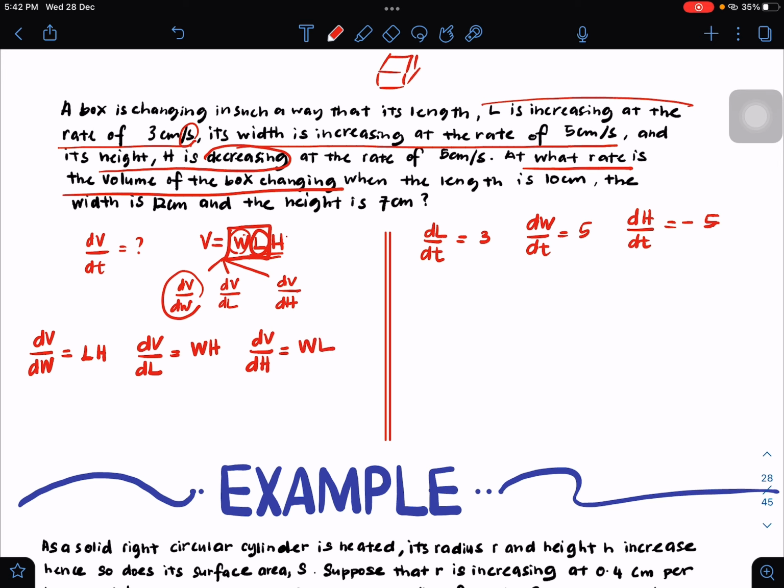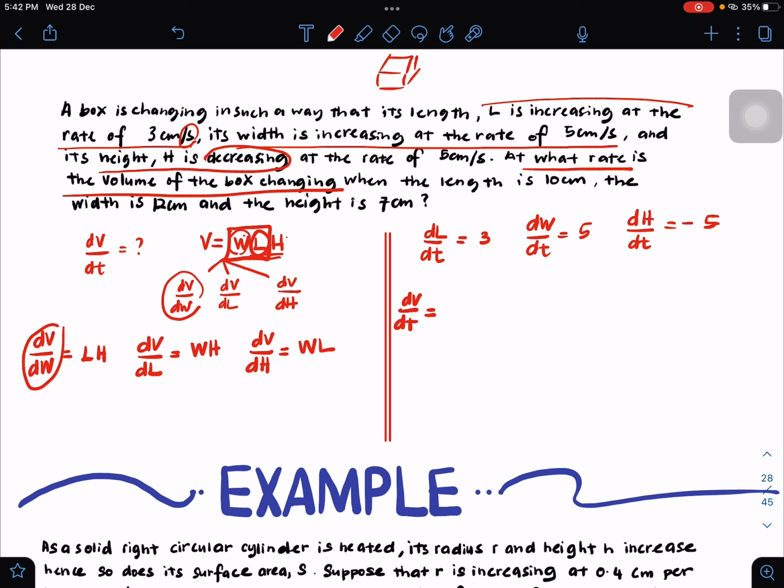Okay, now kita nak cari dV/dt by using the chain rule formula. dV/dt adalah dV/dW darab dengan dW/dt. Kenapa? Sebab kita boleh potong ini dan ini menghasilkan dV/dt yang kita nak.